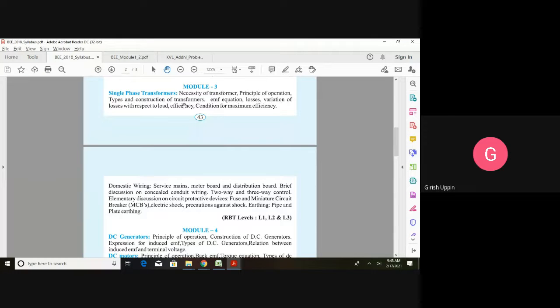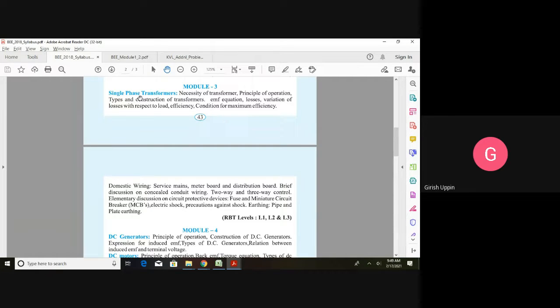So which are the two most important questions? The derivation of the EMF equation, and the condition for maximum efficiency. These two are very important, along with problems based on the EMF equation, the condition for maximum efficiency, and the efficiency of the transformer.